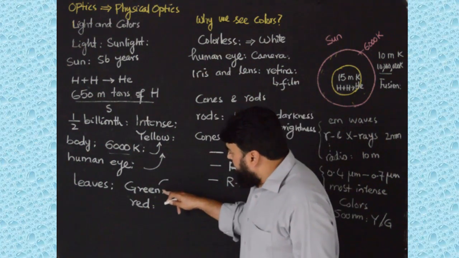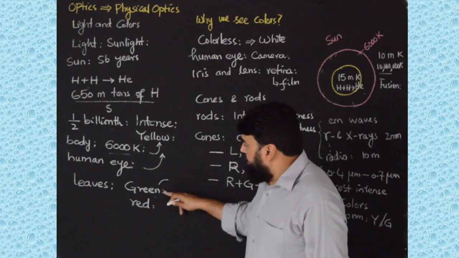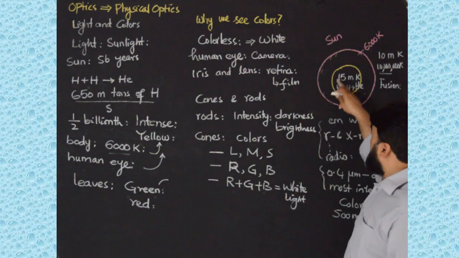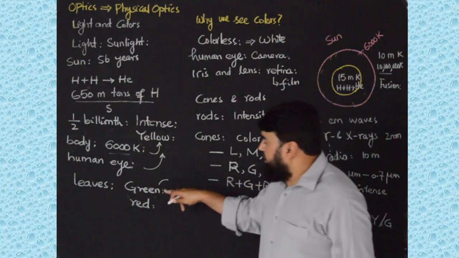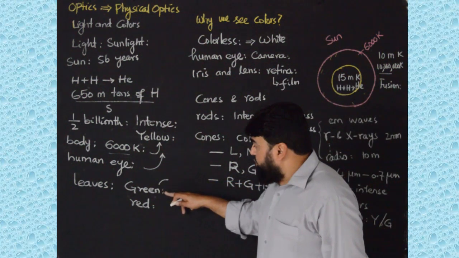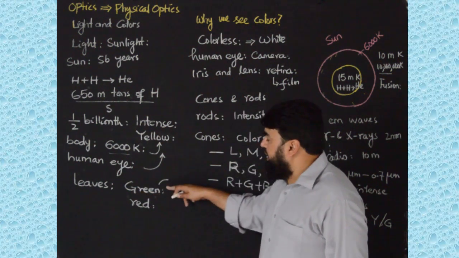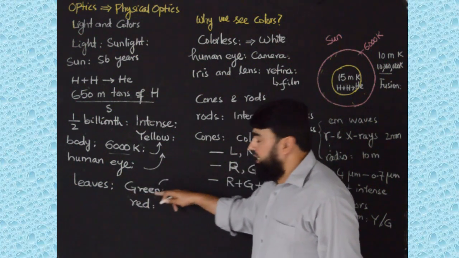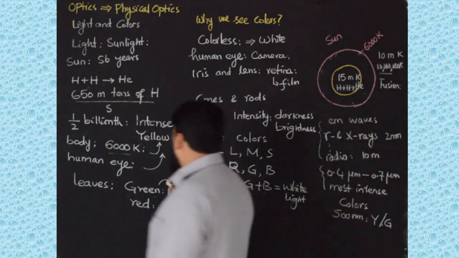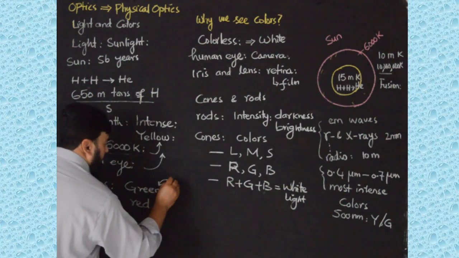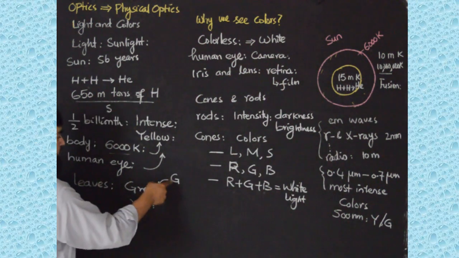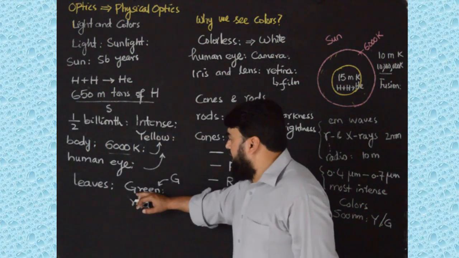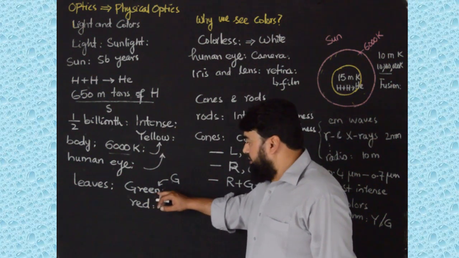Now, if I shine white light on a green color, or the light comes directly from the sun on the green color, it will reflect the green color and absorb the other colors, and I will see that it is green. If I shine green on green, then I will see a bright green color.